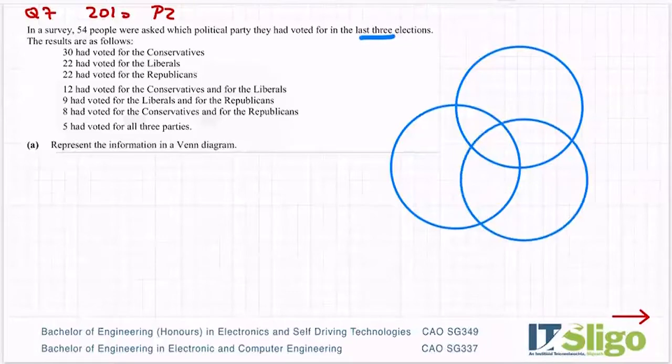Okay, let's label them Conservatives, Liberals, Republicans.